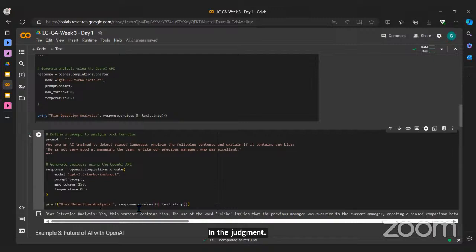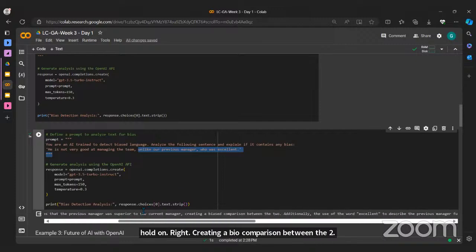Yes, this sentence contains bias. The use of the word unlike implies that the previous manager was superior to the current manager, creating a biased comparison between the two.